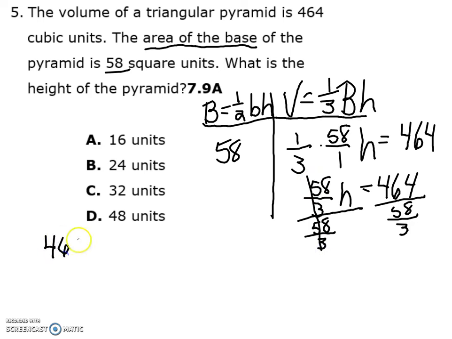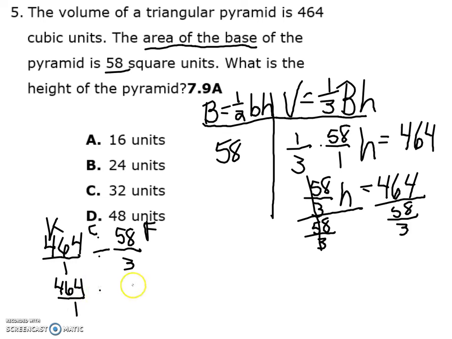Okay, when you divide a whole number by a fraction, there is this saying called keep it, flip it, change it. So keep it, flip it, change it. 464 times 3/58.